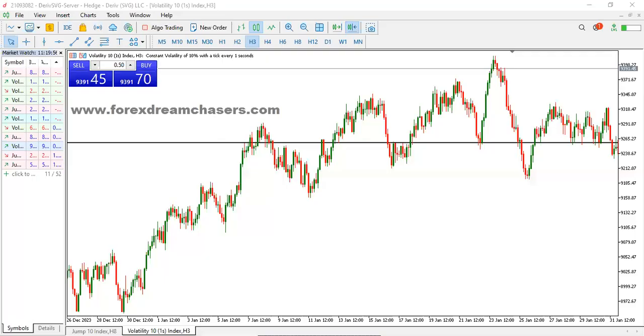If you check here, what is it I have? I have a resistance. It was broken. It became a support here. Always remember that once a support is broken, it becomes a resistance. Do not forget to pay attention to such information.